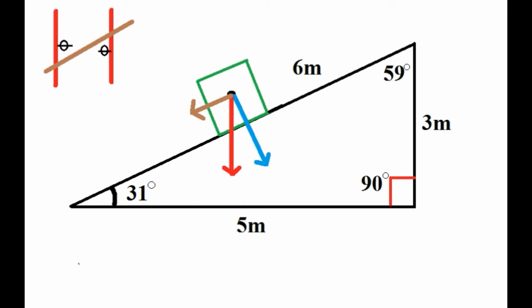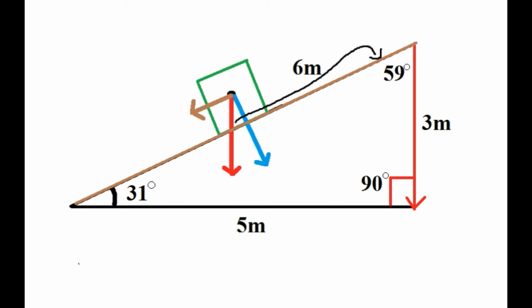So we'll apply it to our graph: the vertical line and the component force that is perpendicular to the ground are parallel, and the inclined plane, or the hypotenuse, is the intersecting line, which means 59 degrees is equal to the angle inside of it, and it forms a 90 degree angle, which means the other angle is equal to 31 degrees.